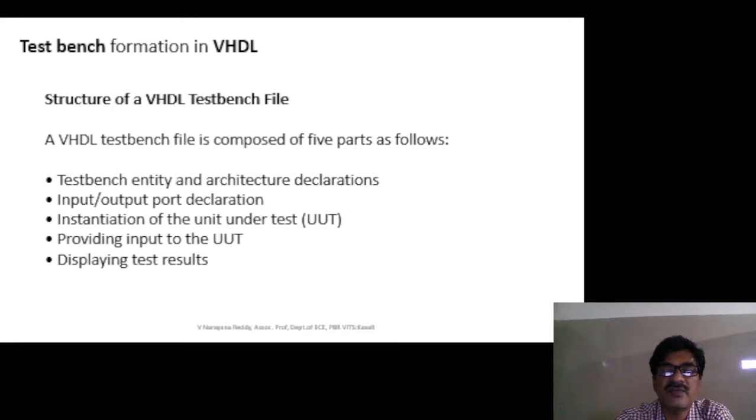The test bench includes entity and architecture declarations again, since a test bench is also a VHDL program. It includes entity and architecture declarations, input or output port declarations, instantiation of the unit under test, providing inputs to the unit under test, and finally displaying the test results.